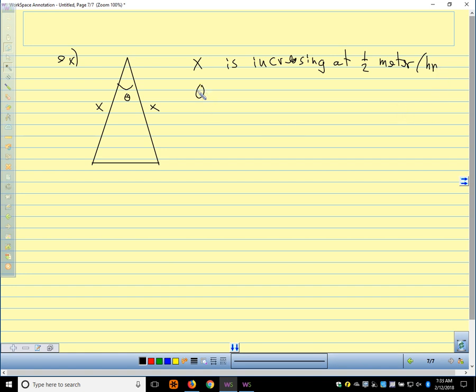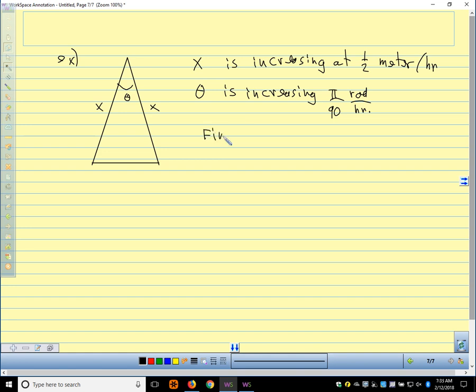And theta is increasing at pi over 90 radians per hour.